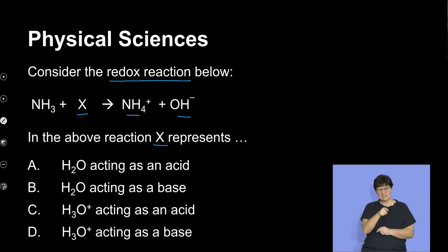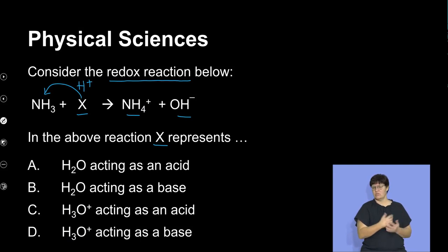X actually gives a hydrogen ion, or a proton, to ammonia. A substance that is a proton donor becomes an acid. So anything that has to do with a base is out. We're going to eliminate the distractors. Anything that has got to do with the base, we eliminate.